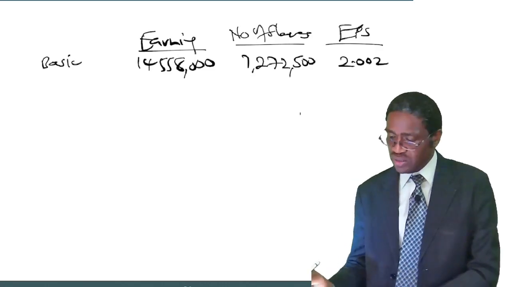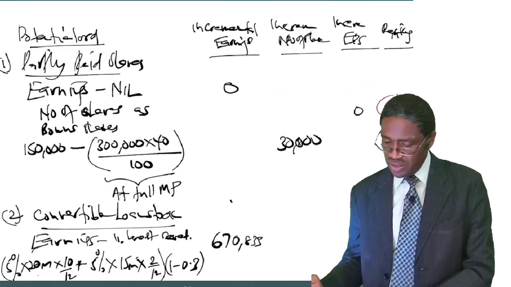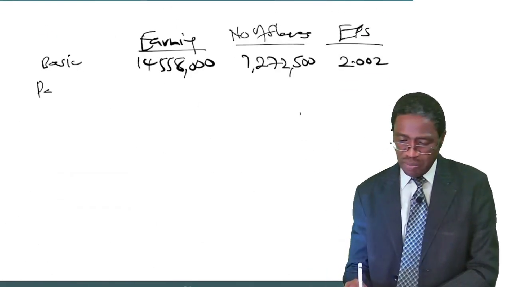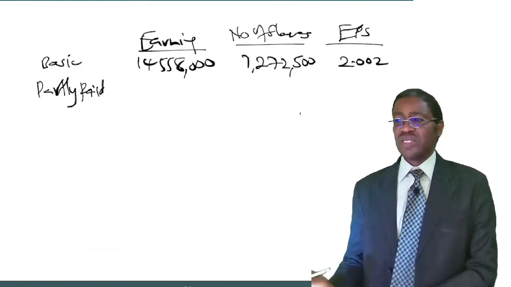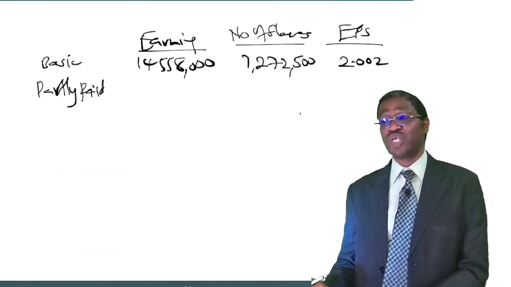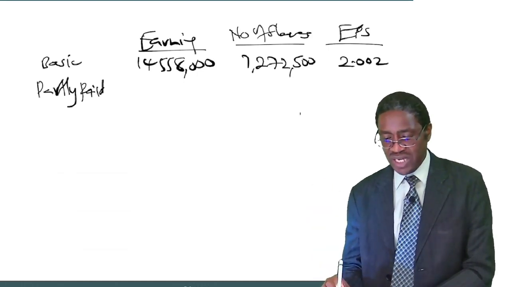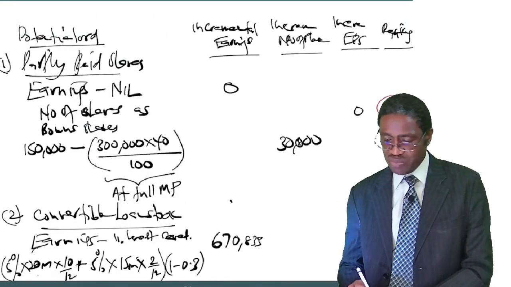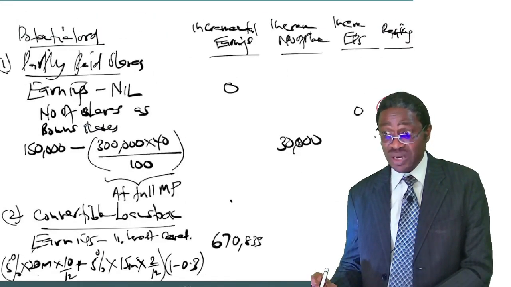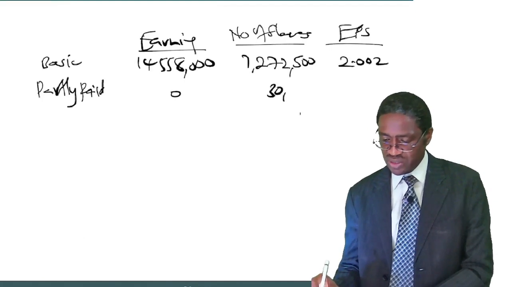So the first one was which one? What was the most dilutive? Partly paid. Good. So these guys will bring in the balance in the future. Will our earnings change? We have seen the incremental earnings will not change. But how many shares will be given as bonus? We saw 30,000. From the table I can see it here, 30,000.